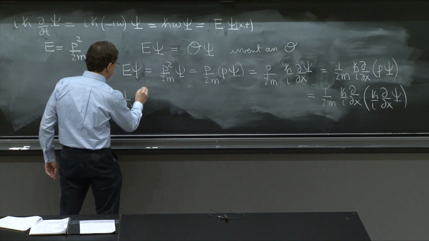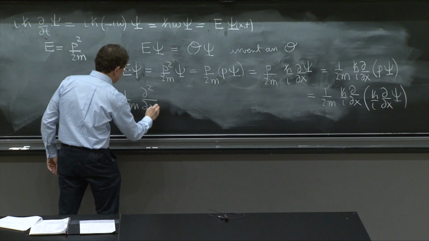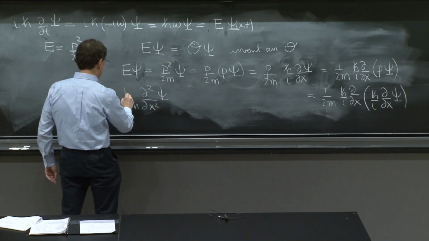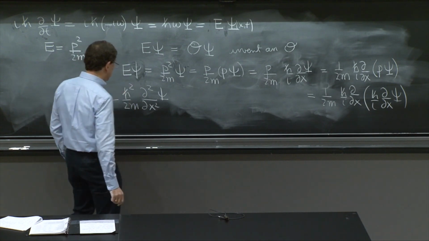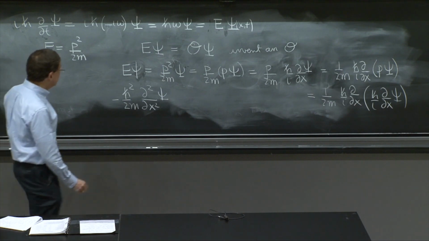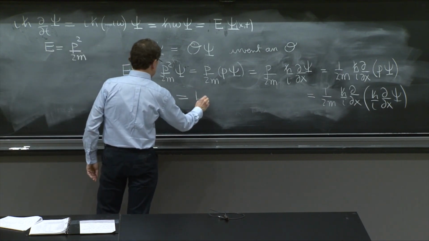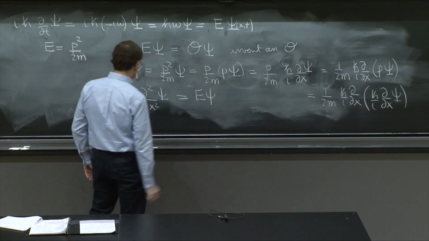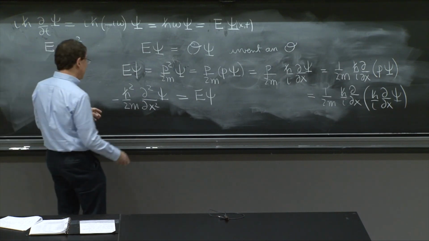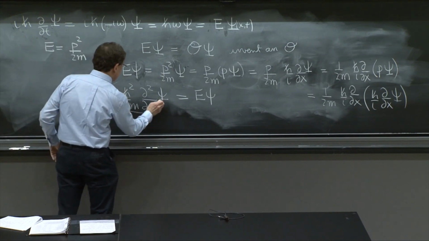Two partial derivatives is a second order partial derivative on psi, h bar squared over 2m d second/dx squared psi, that's the whole right-hand side, is equal to E psi. So the number E times psi is this.